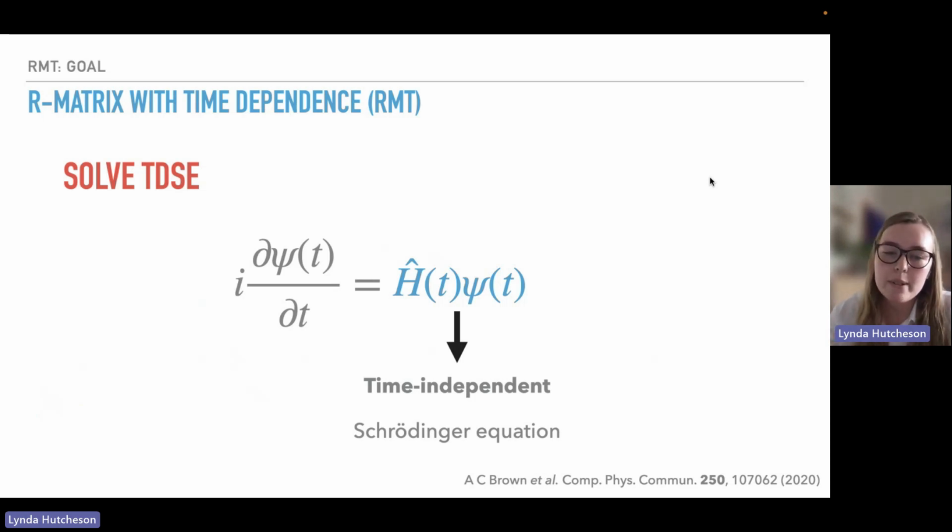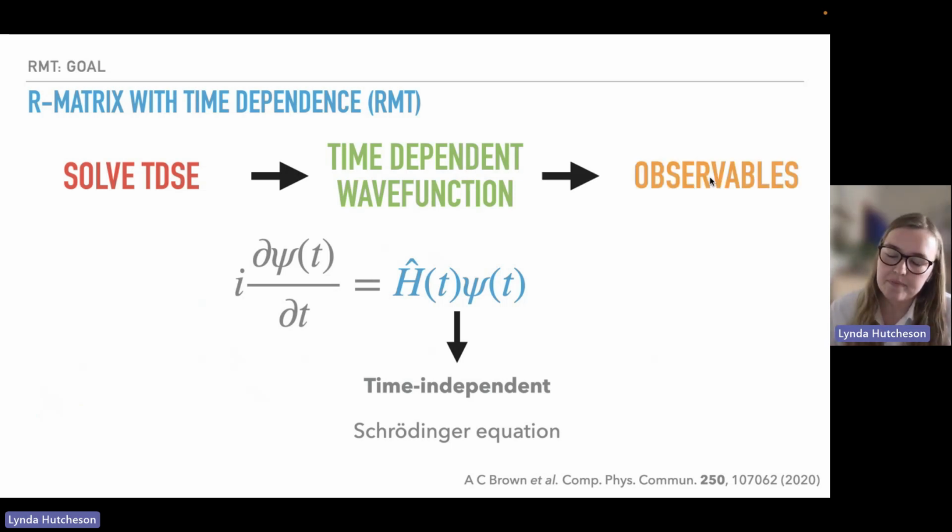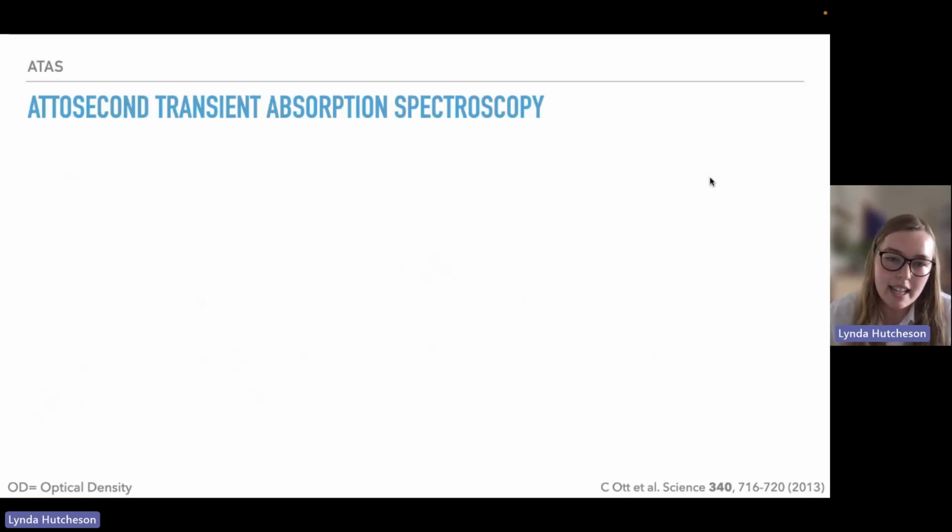Then we propagate these forward in time, taking account of the changing potential, that is the laser and the rearranging ion at each time step. So from this, we get our time-dependent wave function, and from the time-dependent wave function we can calculate our observables.